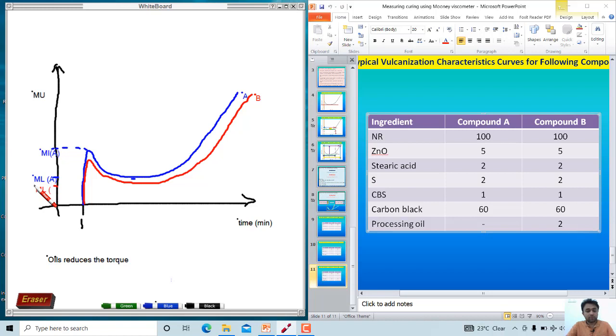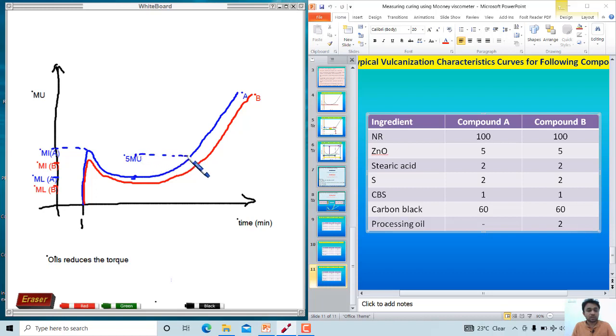Here ML B, and here MI B. Then what we have to do is mark 5 points from the minimum torque value. Let's say it's here, 5 more units, maybe this point.